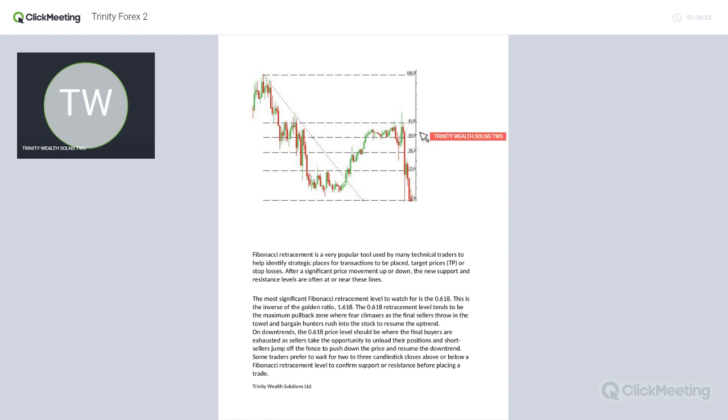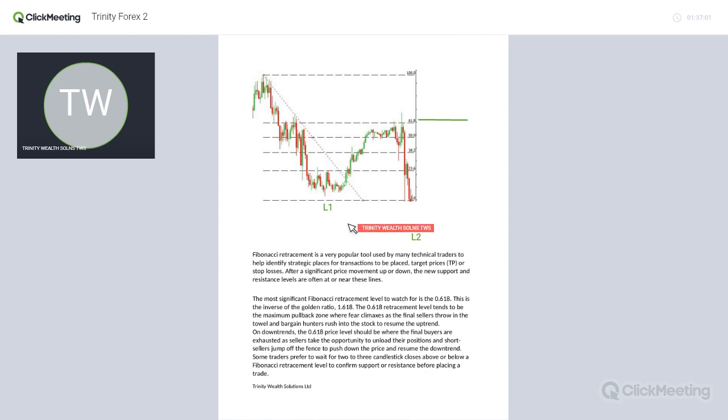But what also happens at this level, if the market has reversed, the deeper it reverses, the chances are our next low may not be very far from the previous one. So if this was our previous low, here we have our L1. If the market moves to 61, chances are our L2 will be slightly just somewhere here.